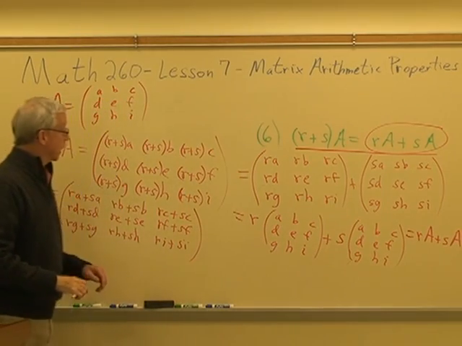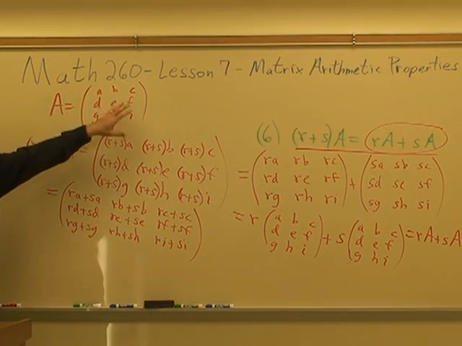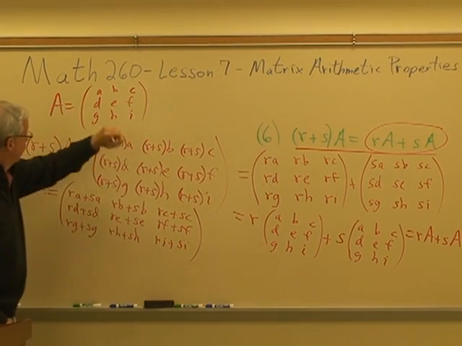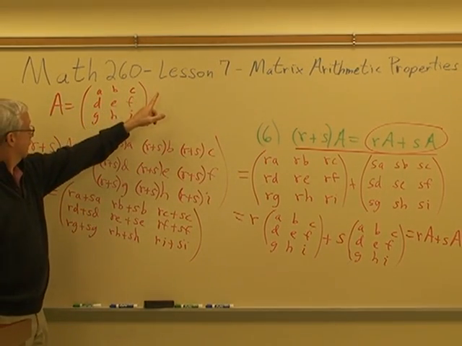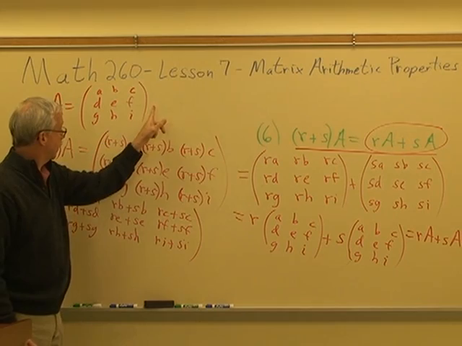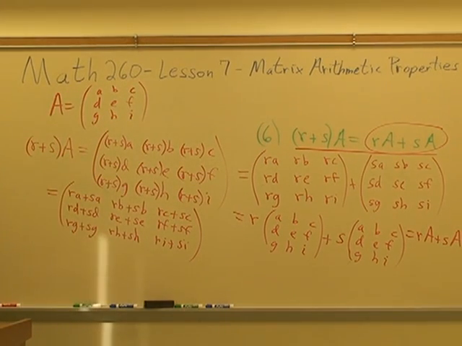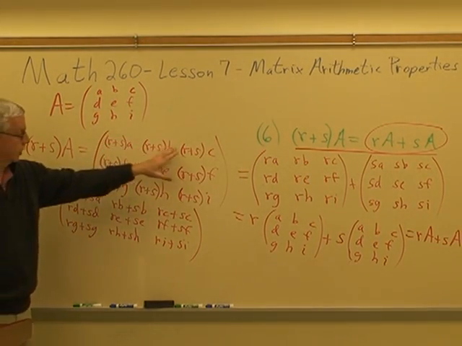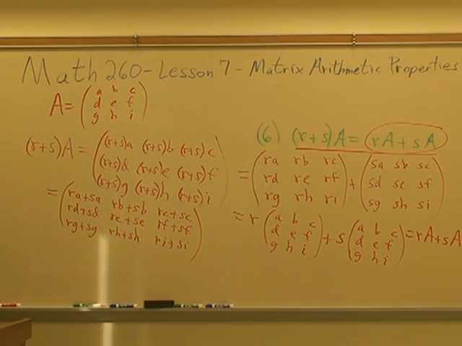So this is always the trick. We define a general matrix, or if there's two of them, we define two general matrices. The other one might have elements P, Q, R, S, T, etc., with different letters. And then I do the algebra and use the properties of the underlying arithmetic, the arithmetic of real numbers, and then work backward.